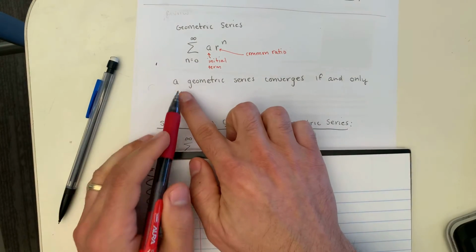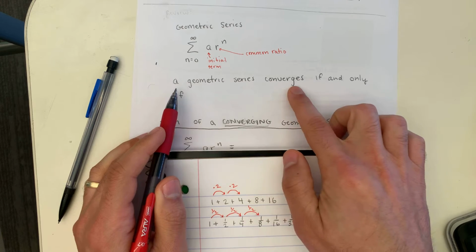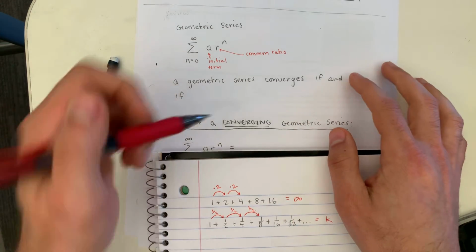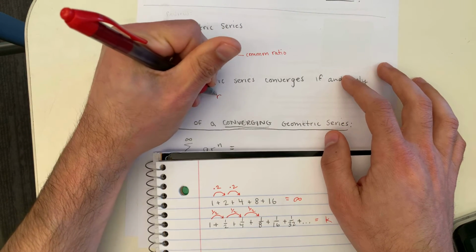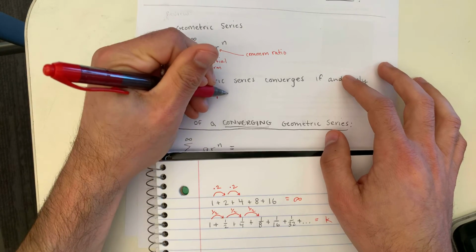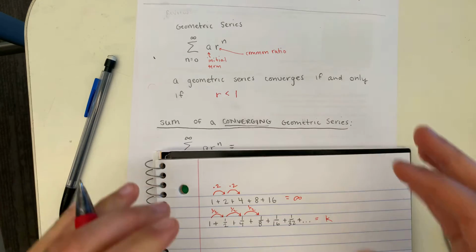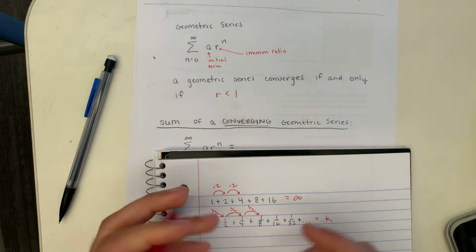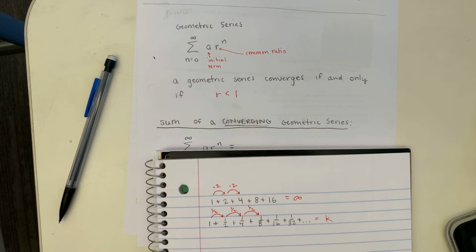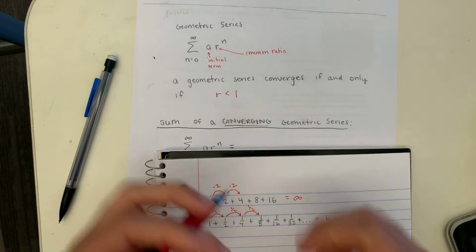So a geometric series converges if and only if your R value has to be smaller than 1, right? So multiplying by a fraction smaller than 1, then it will converge.